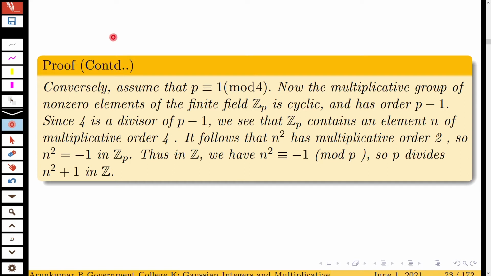Now our assumption is that p is congruent to 1 mod 4. So this implies p minus 1 is a multiple of 4, or 4 divides p minus 1. And you know that F_p contains p minus 1 nonzero elements and 4 divides p minus 1.